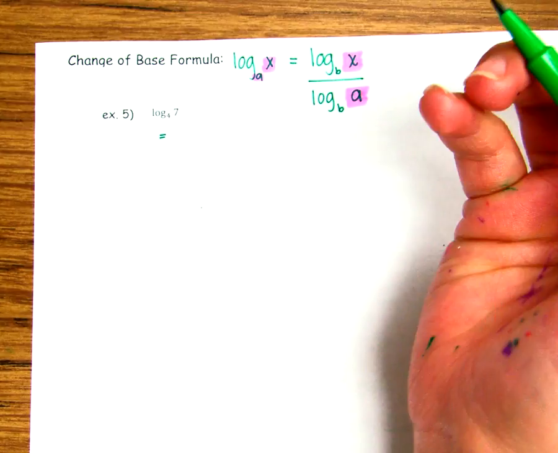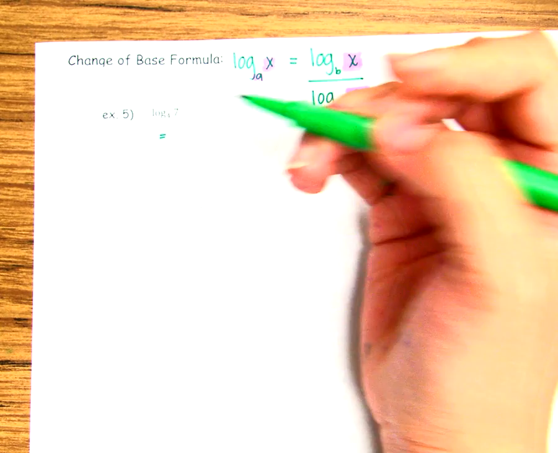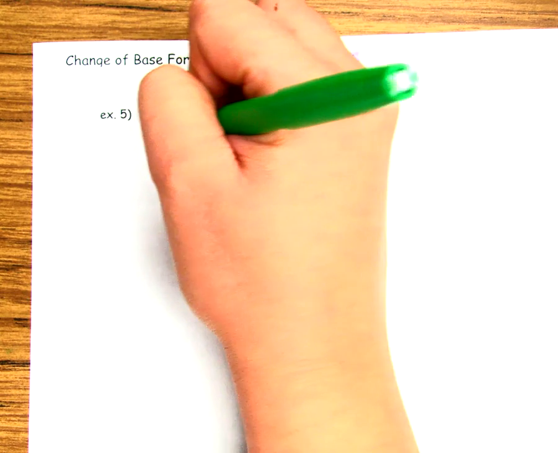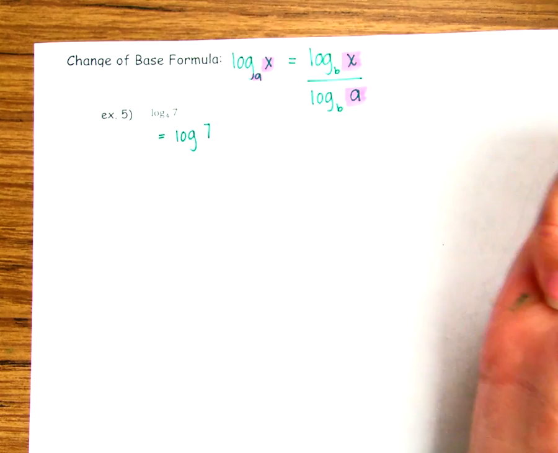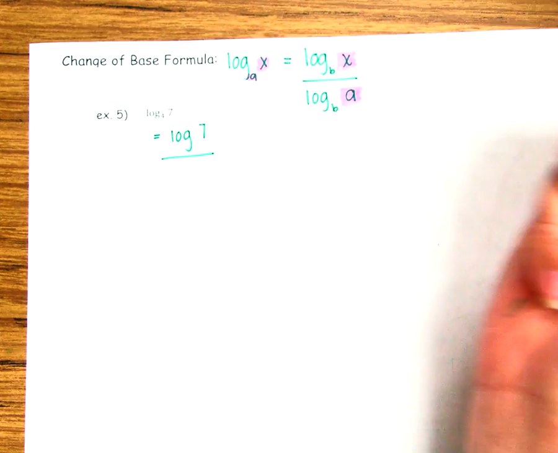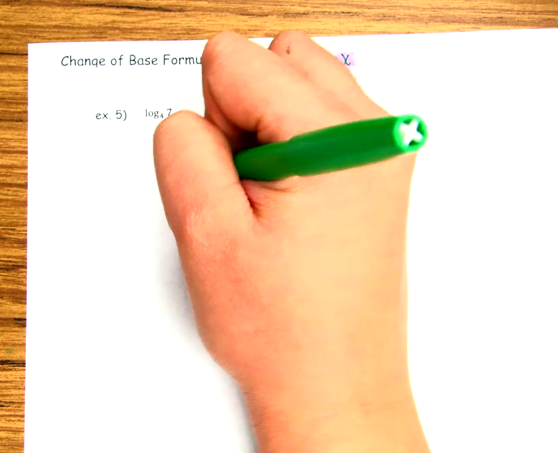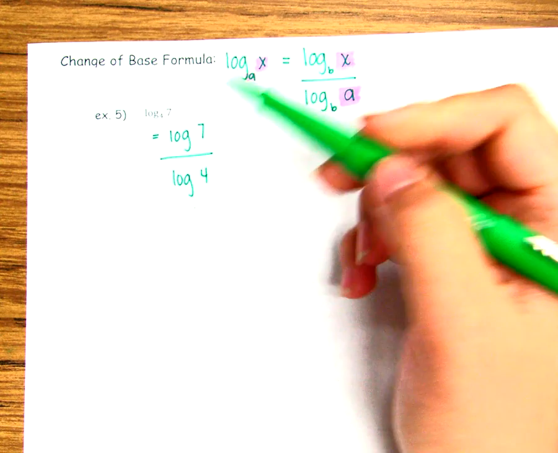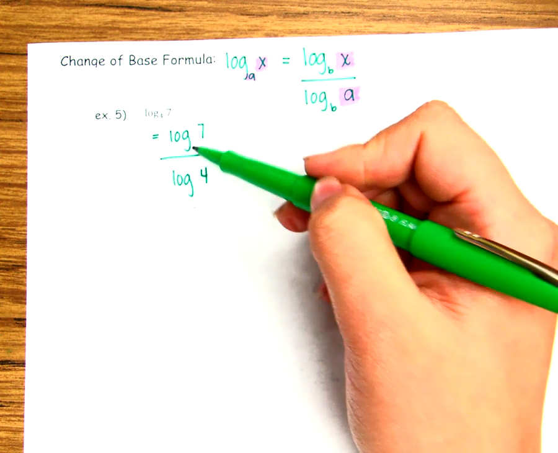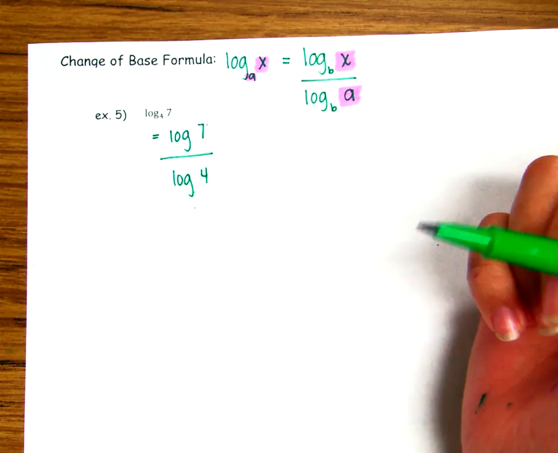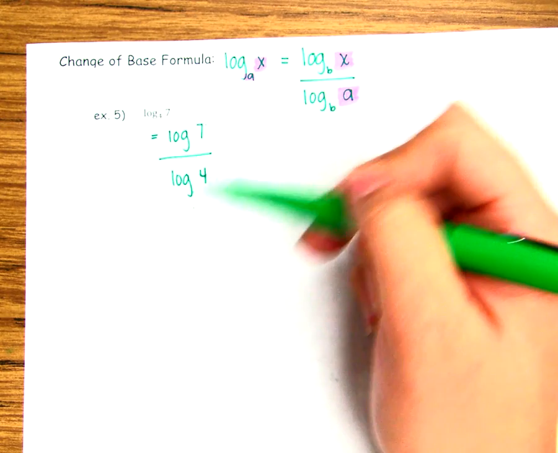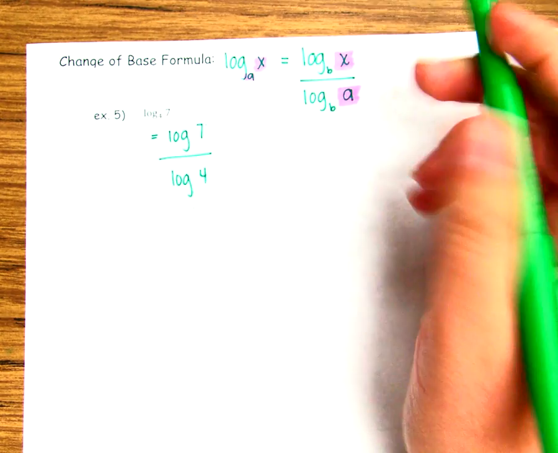And once again, I want to go from log base 4 to a log base 10, which is the common log. So this is log of 7, base 10, divided by log of 4. And once again, it's always going to be log of whatever base you want, big over small. And this is not the same as the condensing formula, so keep those things separate.